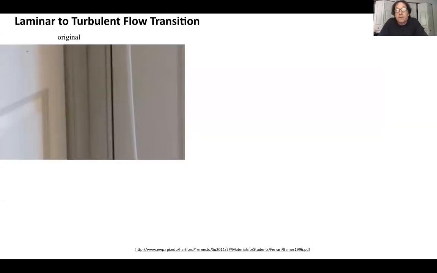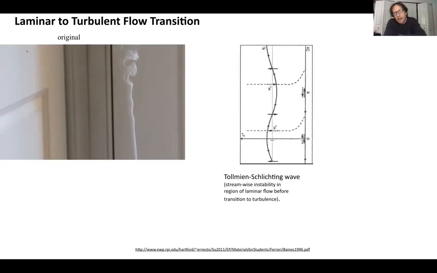Other applications in physics include looking at the transition to turbulence. So here's a flow making the transition from laminar flow to turbulent flow. And my fluid mechanics colleagues tell me there are instabilities in the laminar flow called Tollmien-Schlichting waves, which get larger and larger, and then ultimately become very large at the transition to turbulence.